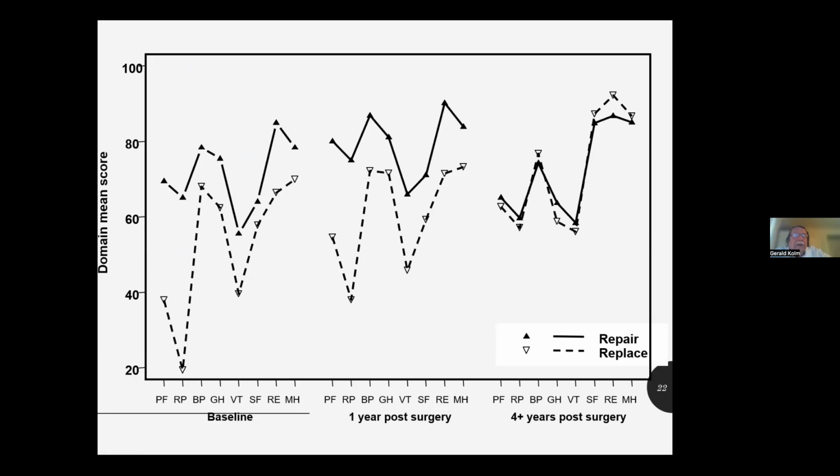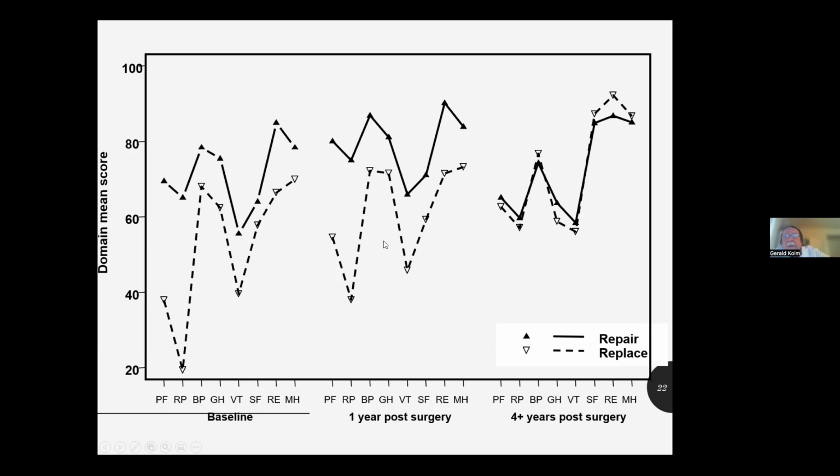And so you can see that what we have here is essentially parallel profiles. In other words, we have pretty much the same profile, except at baseline and 1 year post-surgery, the repair group has higher scores. For the SF36, higher scores mean better quality of life, so the repair group has higher scores than the replace group. But as far as the domains, the difference is pretty much parallel across the domains.